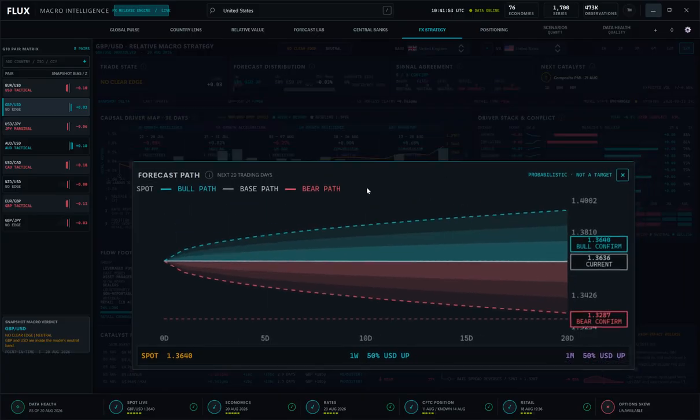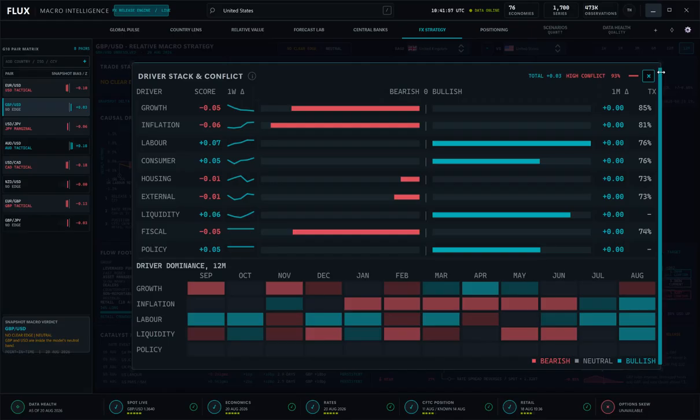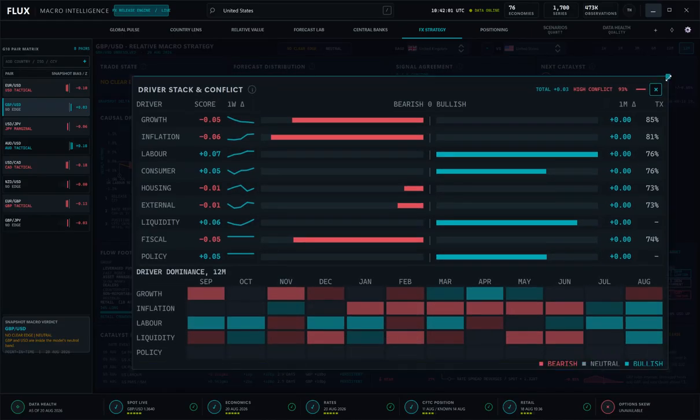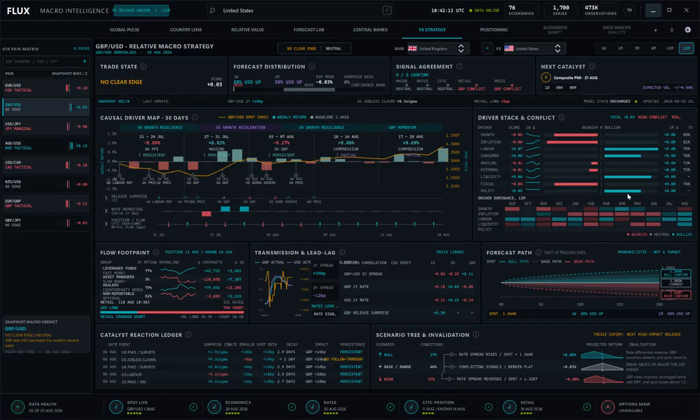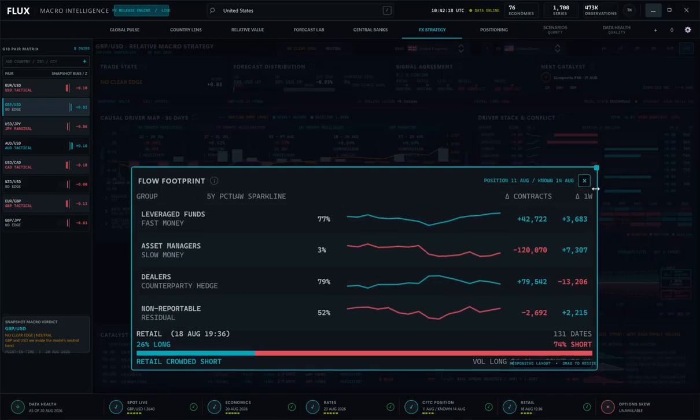There's some more work to be done on this forecast, which I will show you in the next updates. This is the driver stack and conflicts, how they're conflicting, how two countries are performing against each economic indicator. I will explain more in detail in the next videos.